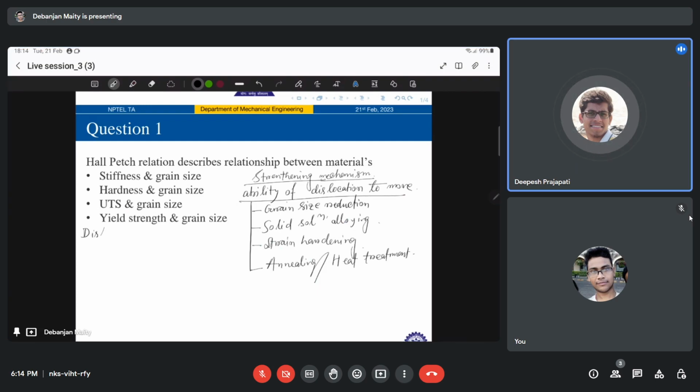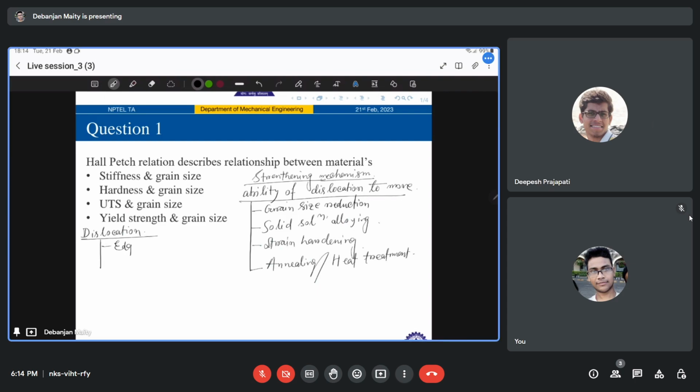Edge dislocation and screw dislocation. Right. In an edge dislocation, an extra half plane of atoms is inserted in a crystal structure. That's where the defect is.